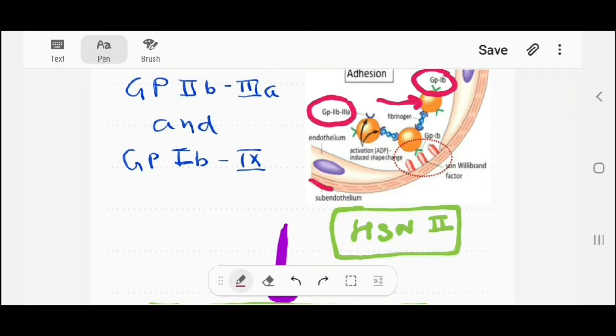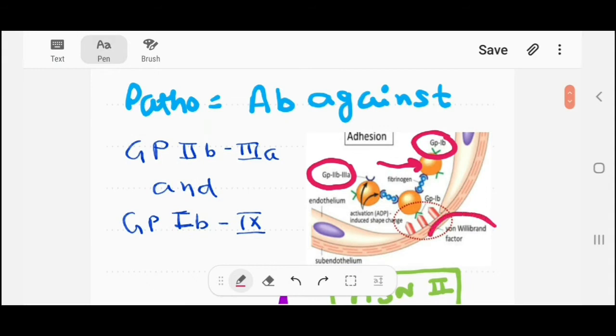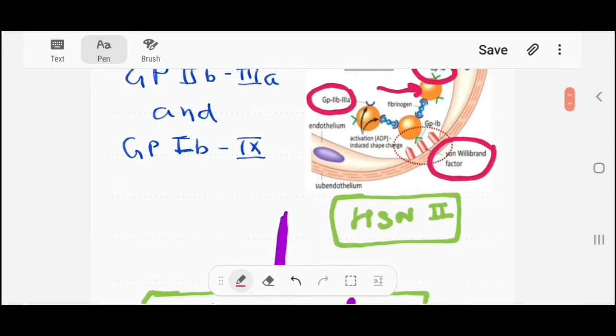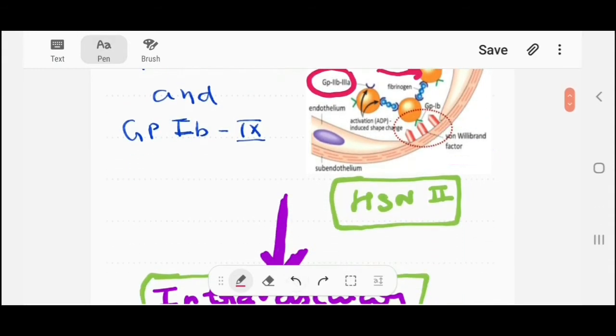Here you can see the von Willebrand factor, VWF, and GP1B9 interacts with von Willebrand factor and causes the adhesion. So this is adhesion, and GP2B3A is causing the aggregation of the platelets.